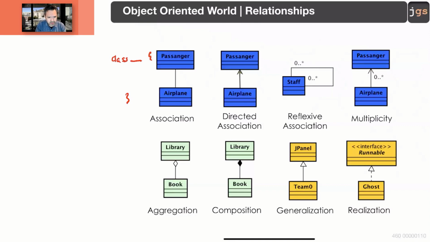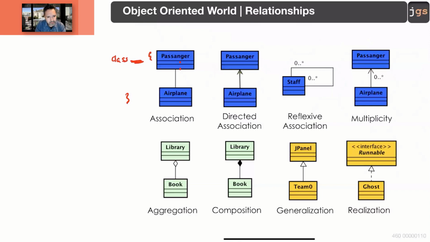Now, being more specific, can we agree that the rectangle has three different parts? The most important and the only one that is mandatory is the top one. The top one is the name of the class, the thing that you need to put here in the source code. And then you have a space here and a space below, two bars, one for the variables, the global ones, and the other for the methods.